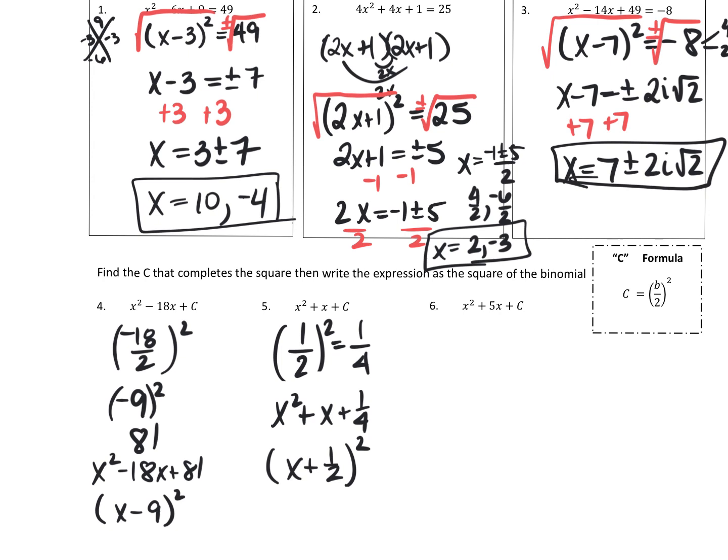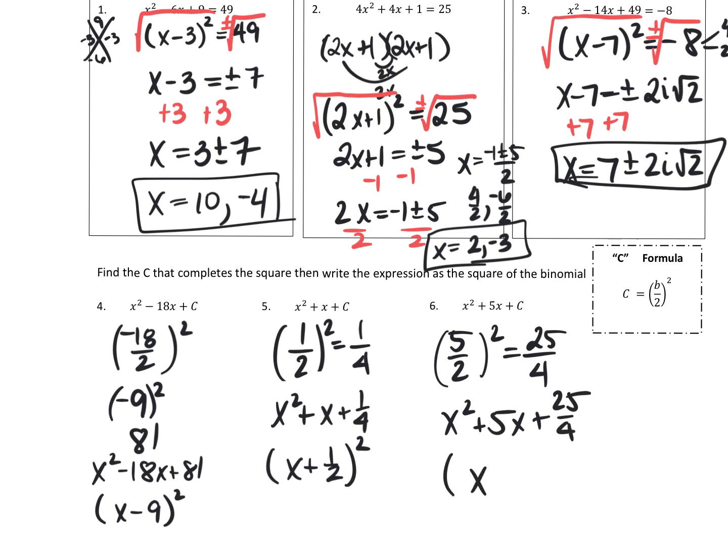And number 6, 5 divided by 2 squared, 5 squared is 25, 2 squared is 4. That's x squared plus 5x plus 25 fourths, which is going to factor to x plus 5 halves squared.